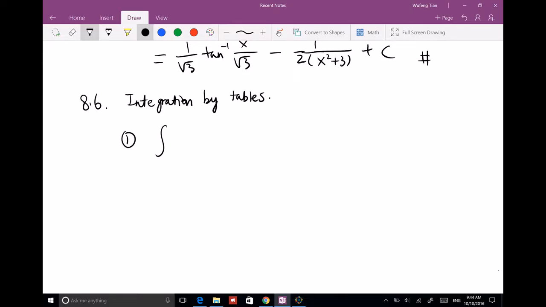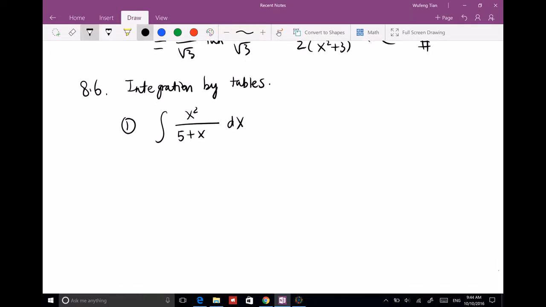So first one, x squared over 5 plus x dx. Okay, the formula table. Don't worry about this. If I give you an integral like this, I will give you the formula for sure. There's no way you can memorize those long formulas.